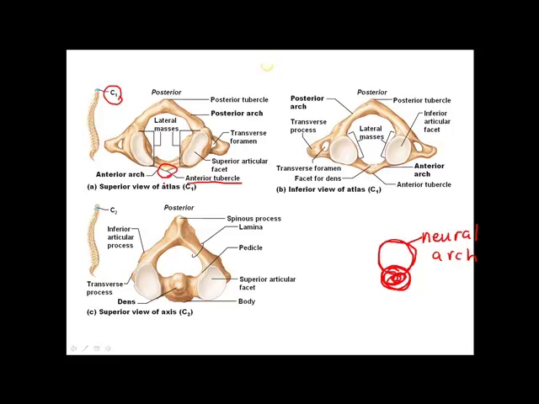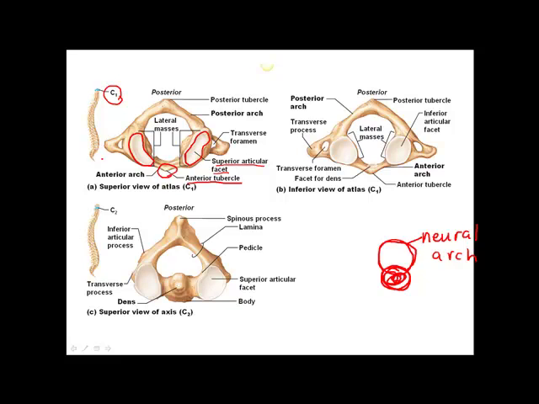Then right here, you'll have lateral masses, and these are facets to articulate with the skull. Lateral masses. And when they say mass, they're talking about this big chunk of bone right here. This is actually called a superior articular facet.